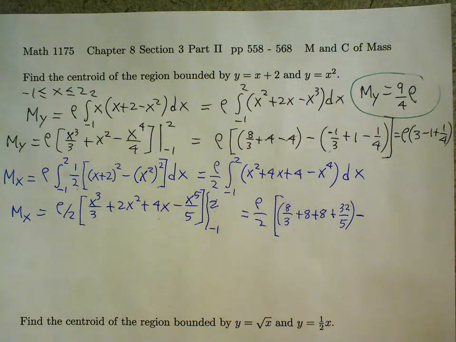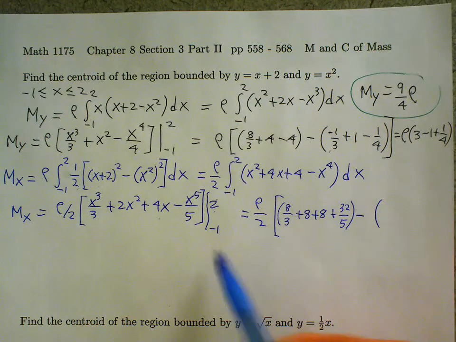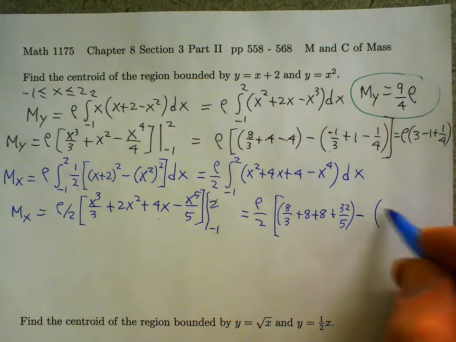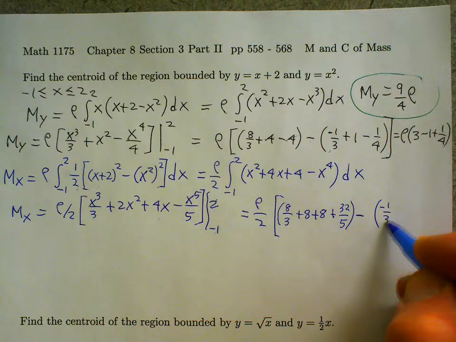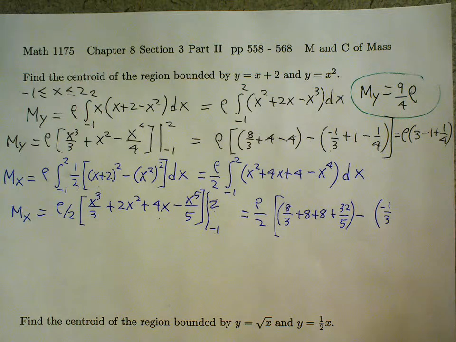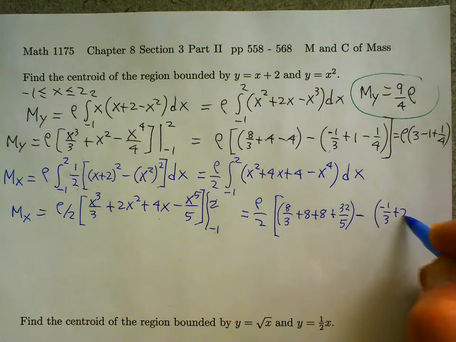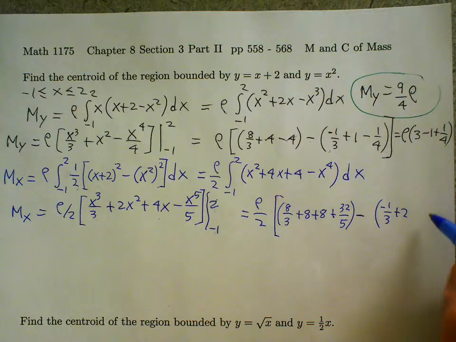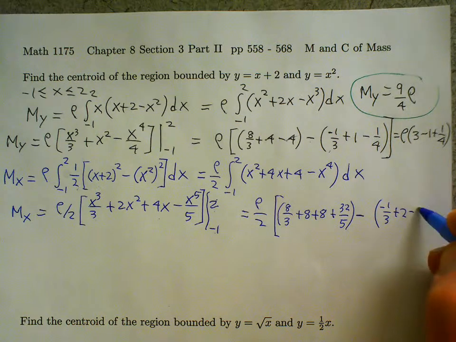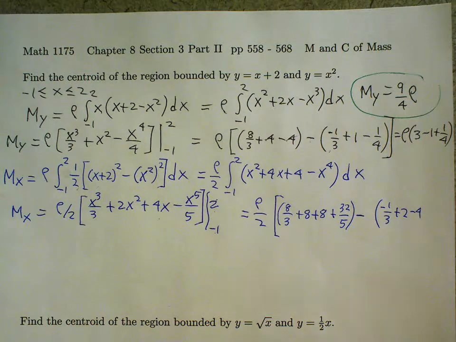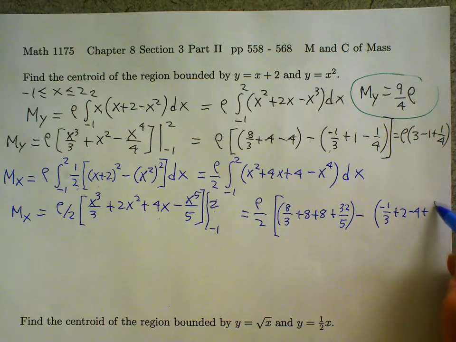And then we're going to subtract, when x is -1, -1/3 plus 2 minus 4. And we're subtracting a -1/5, so that's plus 1/5.